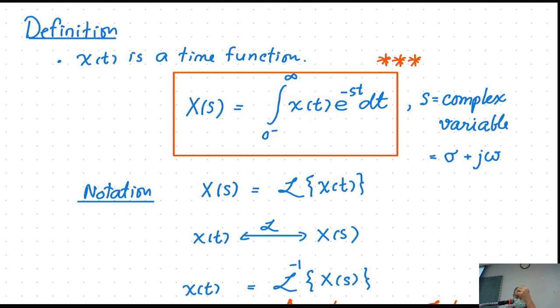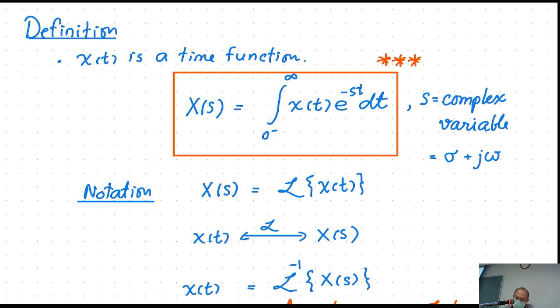For example, the delta function exists only at time 0. So using this notation means that we are including the delta in the integration. If we write it as just 0, it would be problematic when dealing with the delta function, because that function exists only at time 0. So that's why we have to include the negative symbol right there.